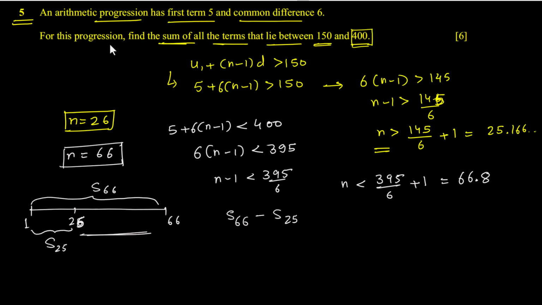We have the formula for it, which is n over 2 times 2a plus n minus 1 into d.